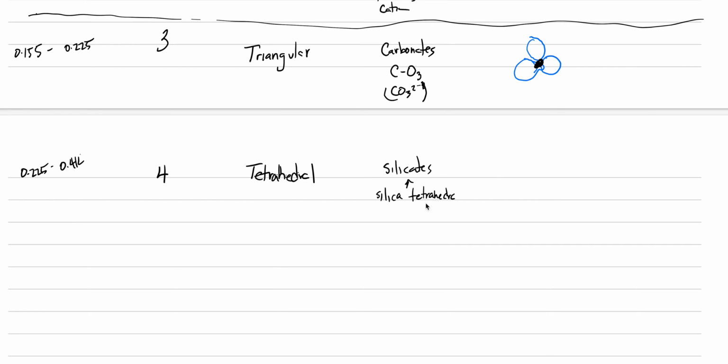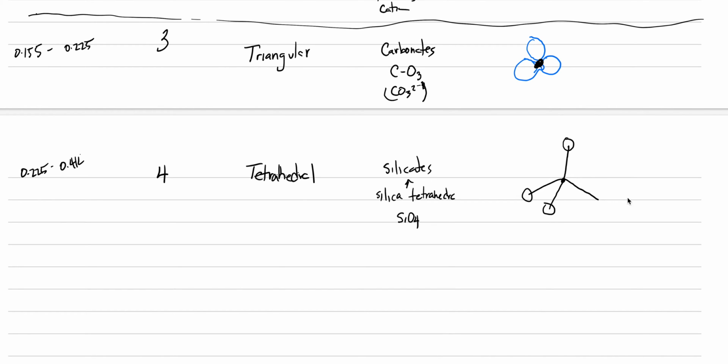Now the way that this looks, the silica tetrahedron is SiO4. So what we need to do is we're going to draw a tetrahedron here where we have a silica that sits in the middle, and it is bonded to 4 oxygens. There's one oxygen, oxygen, oxygen, and oxygen.